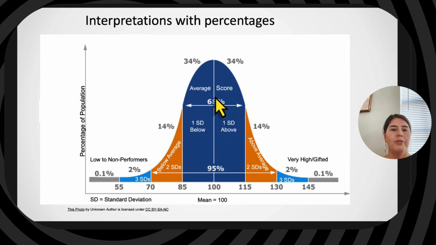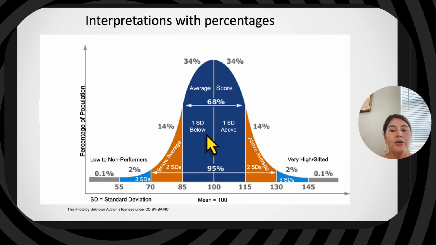So one above and one below. 34% of scores fall above and 34% fall one standard deviation below, for a total of 68% falling in this norm hump. And scores that fall within this range are considered the average scores.